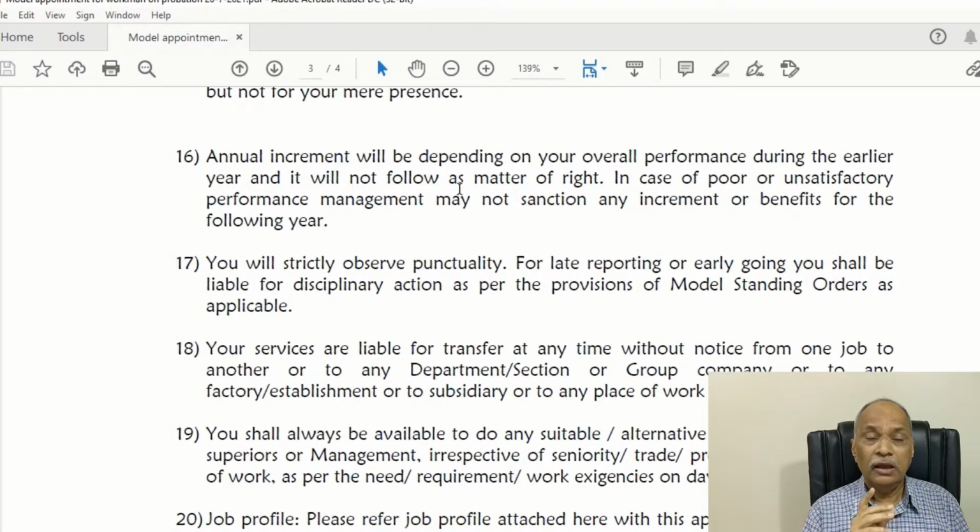No. Annual increment is granted if somebody's performance is average or satisfactory. If somebody's performance is not satisfactory, then companies are authorized to hold the increment, and if somebody's performance is really excellent, companies can reward by different ways also.